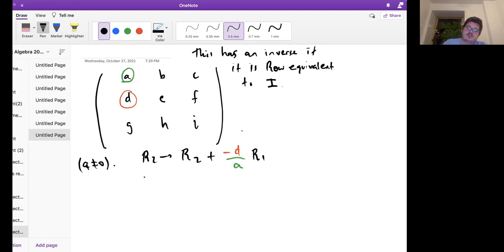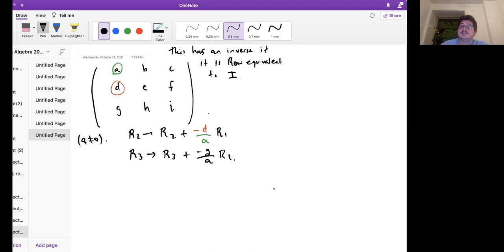Okay, and then what do you do to row 3? Same idea. Negative g over a, row 1. Okay, so let's just see what this gives us, and then maybe we can see what this implies.